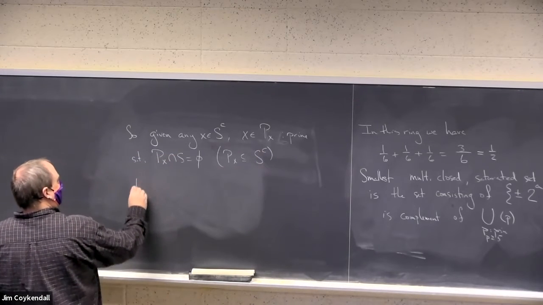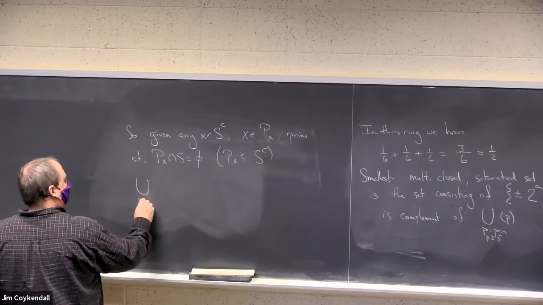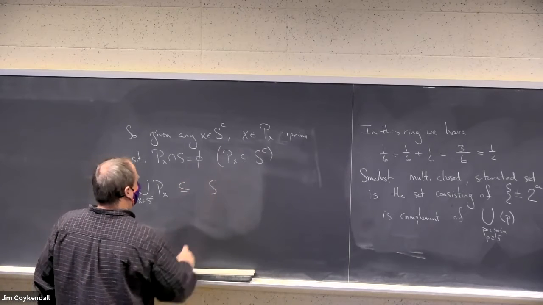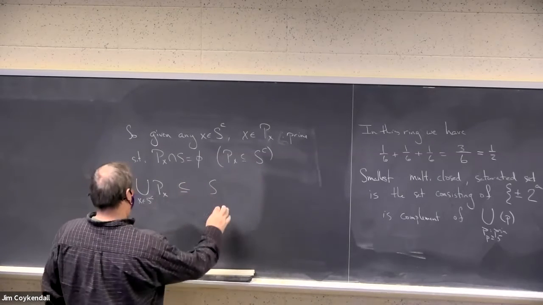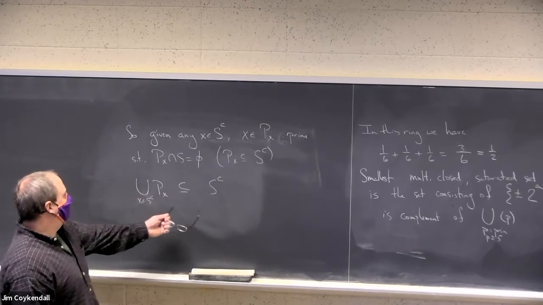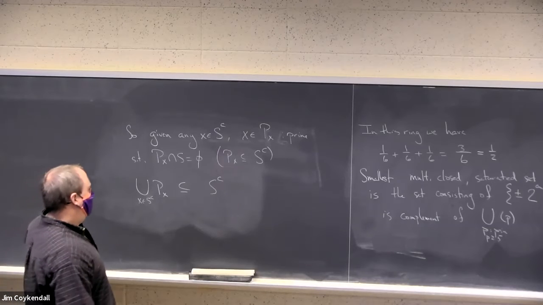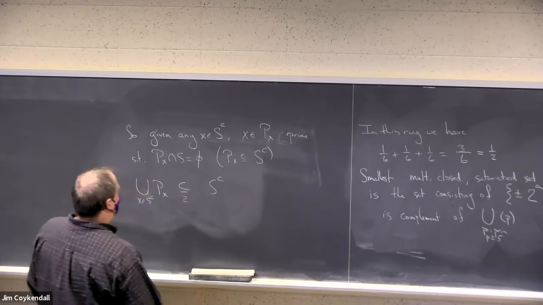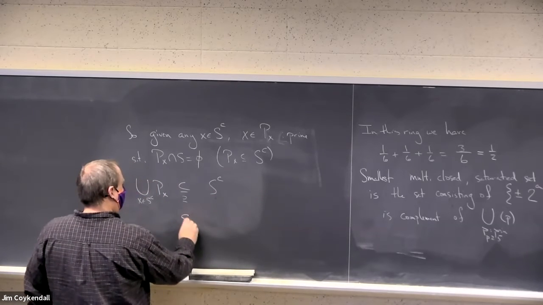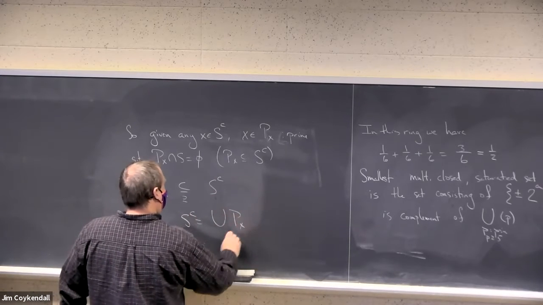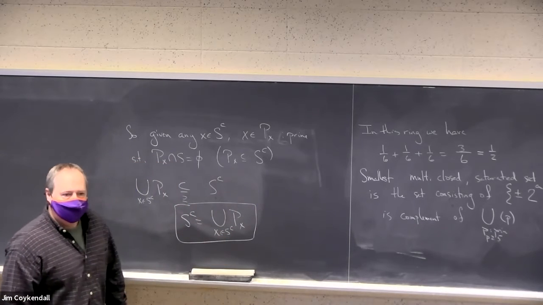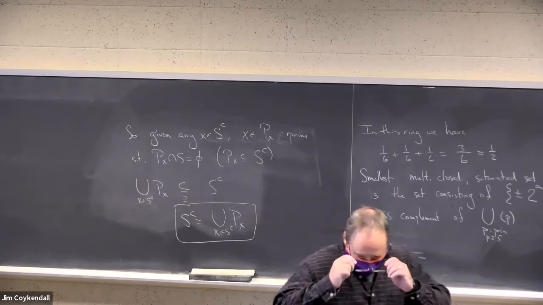Notice that the union over x in S complement of P_x is contained in S complement, because every one of these P_x's is contained in S complement. And of course, we get the other containment because everything in S complement is contained in its own P_x by definition. And there you have it. You can write the complement of S as a union of prime ideals.